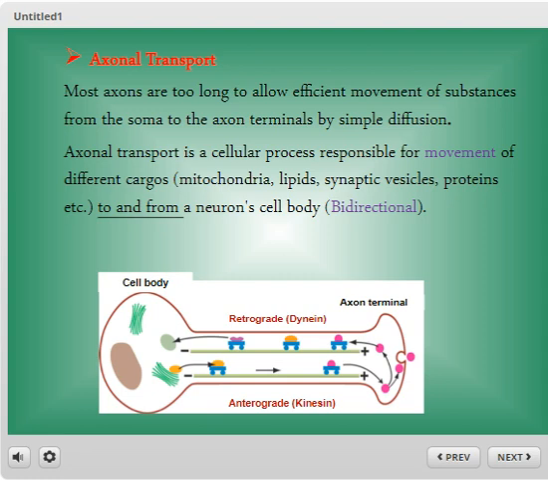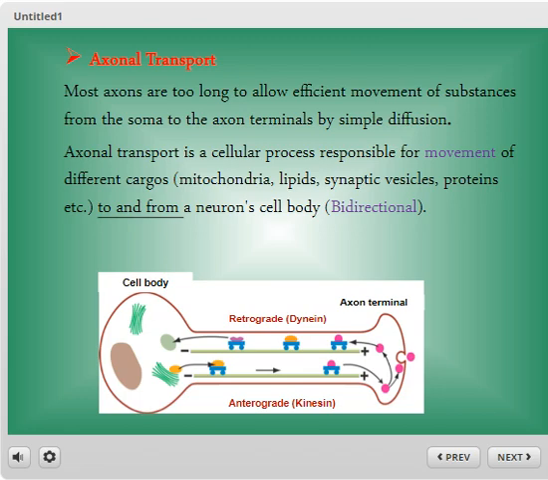I speak about one type of the intracellular transport that's named axonal transport. Most axons are too long to allow efficient movement of substance from the soma to axon terminal by simple diffusion.